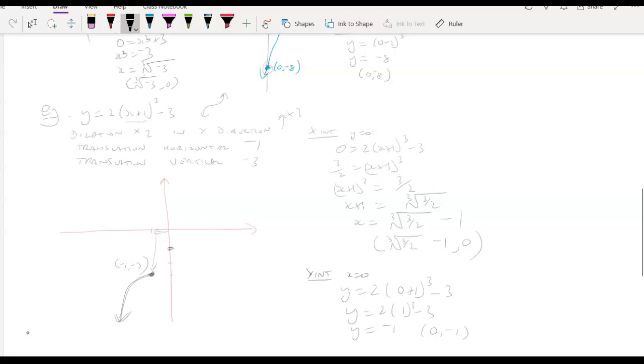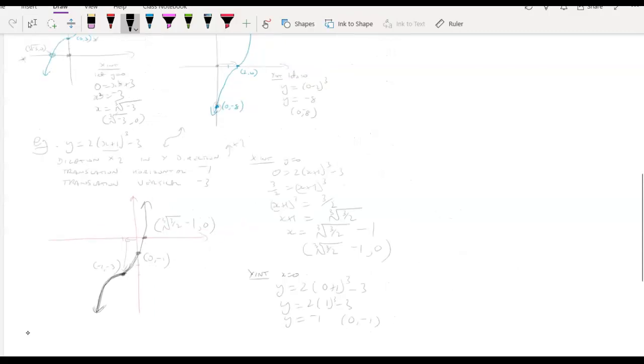As long as I'm showing, when I draw this, that it's pretty flat there, I'm labelling (0, minus 1). I could do a better graph than that, but anyway. And then you need to label this point here. So, cube root of 3 on 2, minus 1, comma 0.